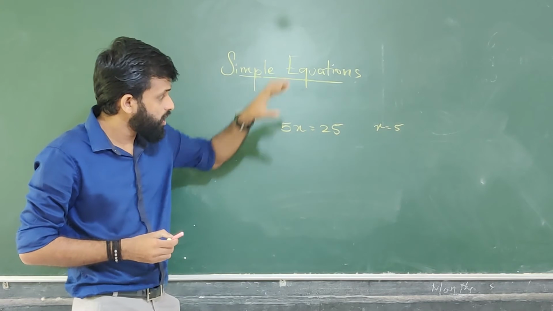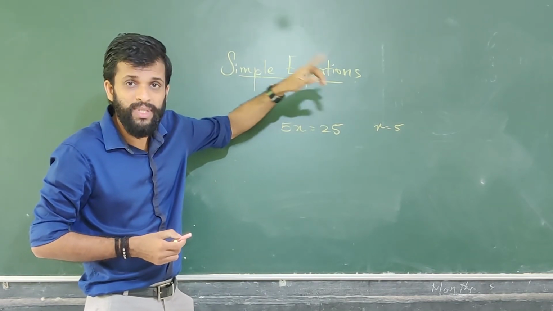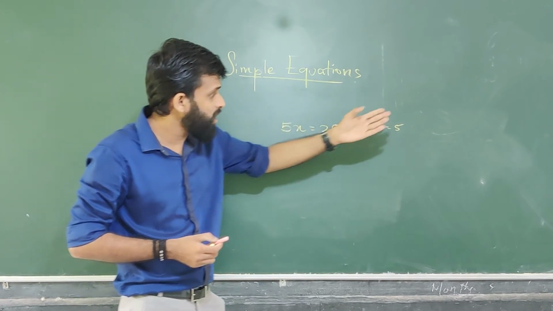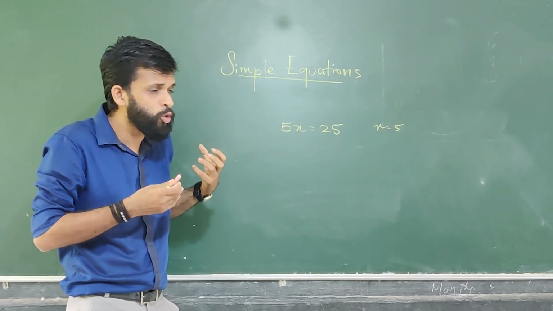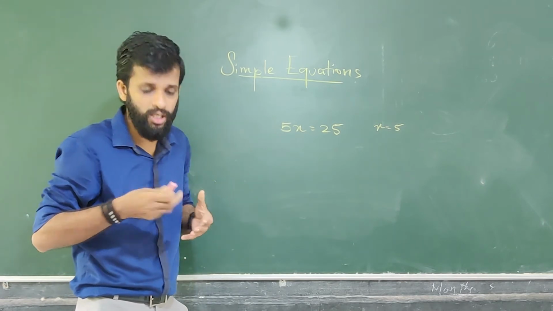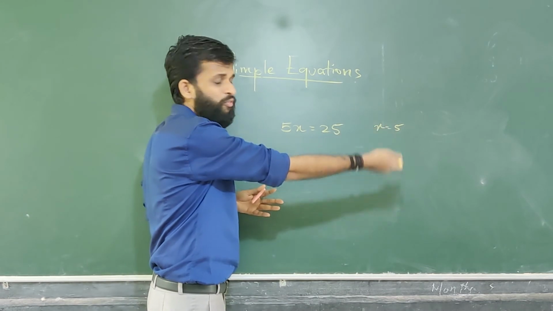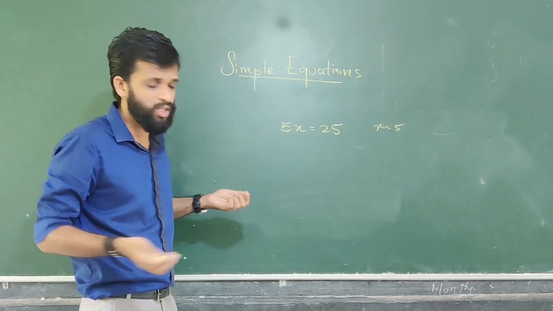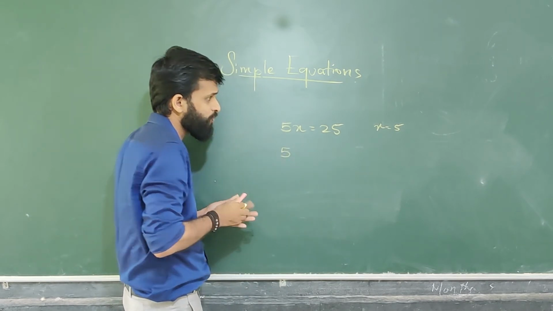So what are we saying? We are telling that this left hand side and right hand side will be satisfied when my x value is 5. This is something that is told to you. You are supposed to verify it. Okay? So to verify, all that we do is substitute the value of 5 in place of x.